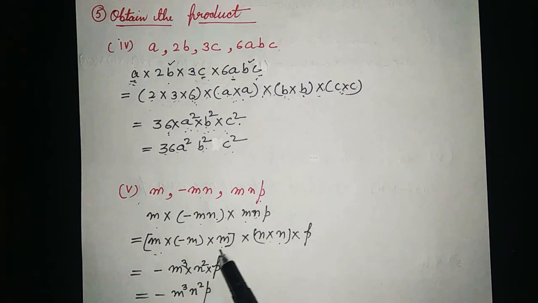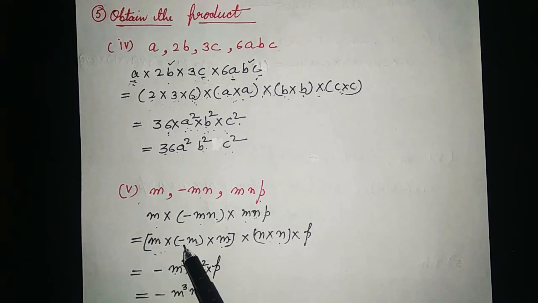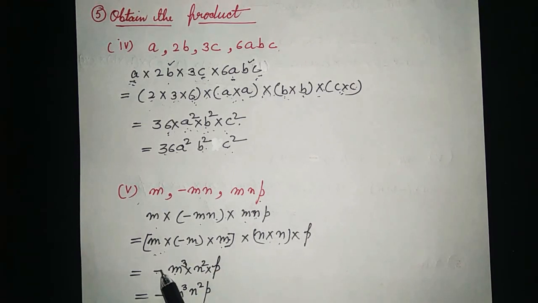Now we will multiply. m into m into m. If we multiply 3 times m, we will get m cube. And here we will do the multiplication of sign also. Plus, minus, minus, and minus plus minus. So here what will come?